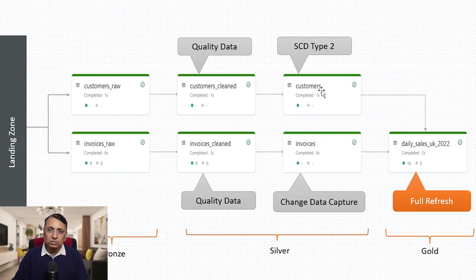And you already know what SCD type 2 is. What do we do in SCD type 2? The old record will be closed and marked inactive with a timestamp, and then the new updated information about the customer will also get inserted in the customers table, time stamped and marked as active.